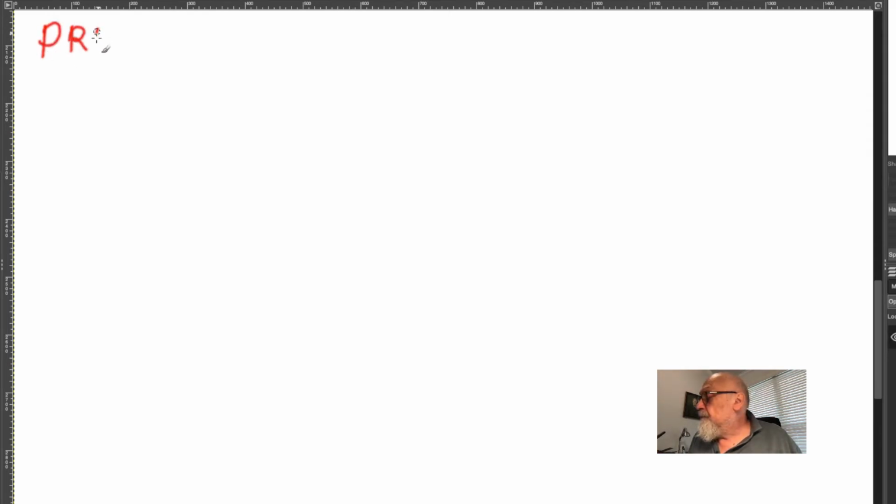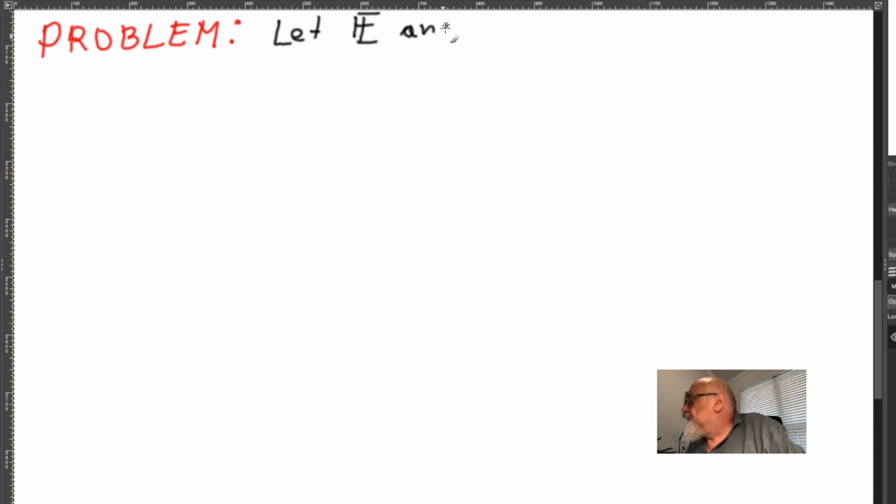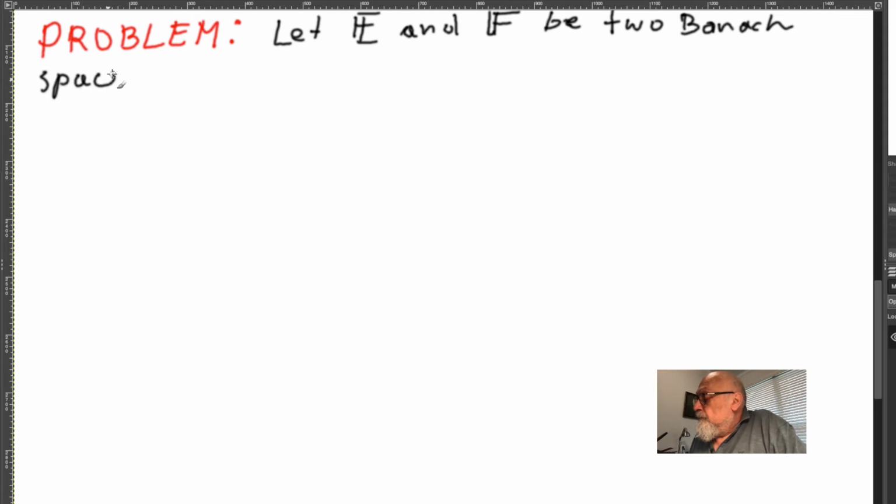Problem. Suppose E and F are two Banach spaces and A belonging to L(E,F).